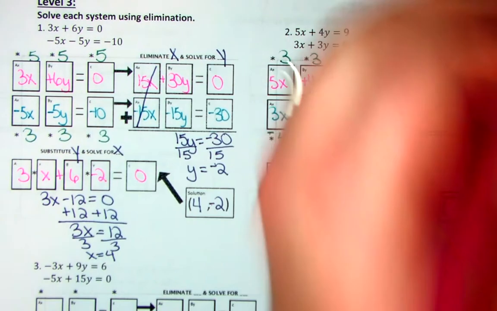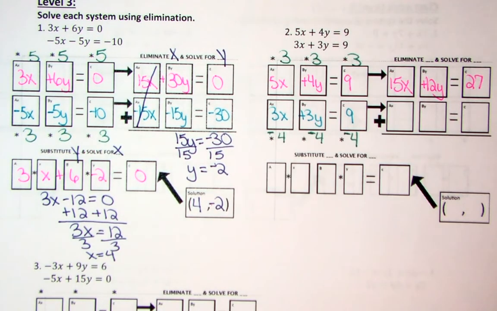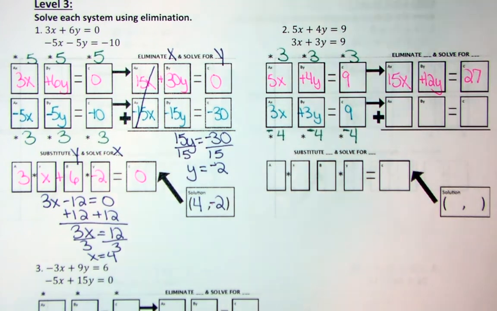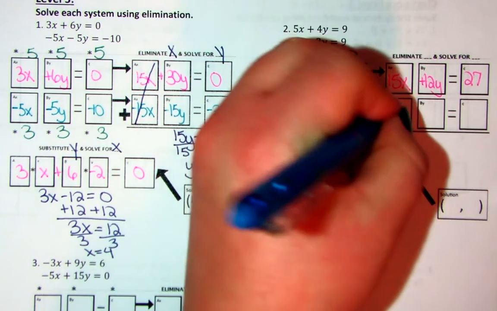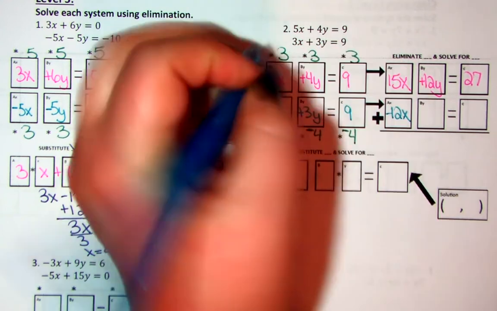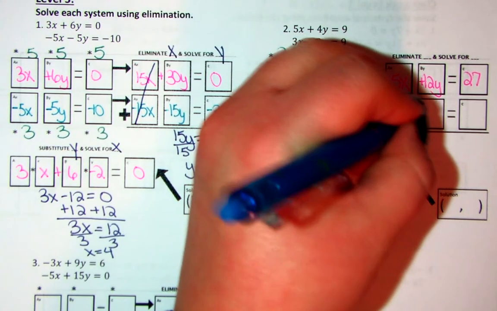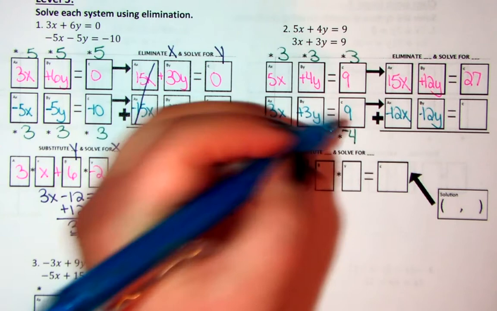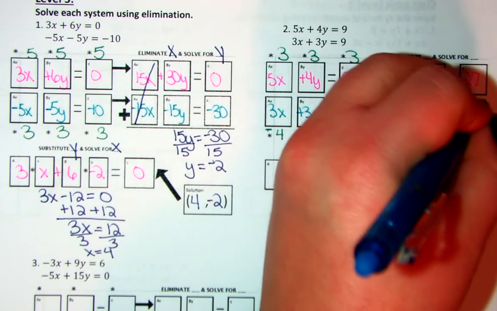And 3 times 9 gives me 27. Our bottom equation looks like this. 3x times negative 4 is negative 12x. 3y times negative 4 gives me negative 12y. And then 9 times negative 4 gives me negative 36.